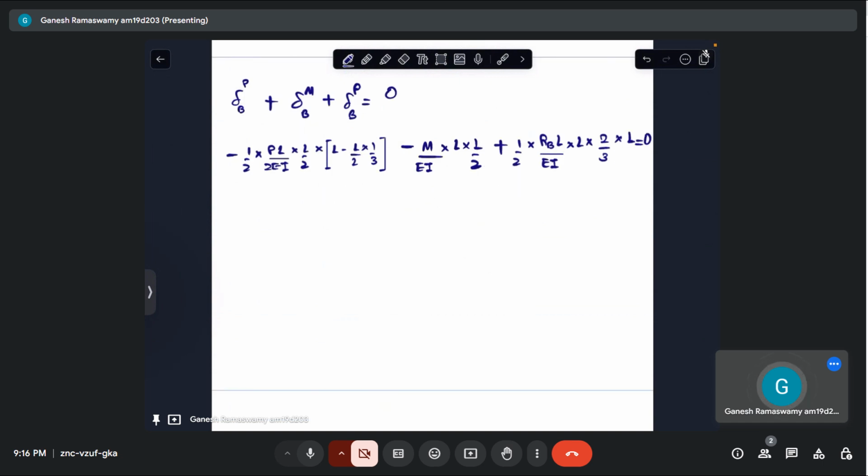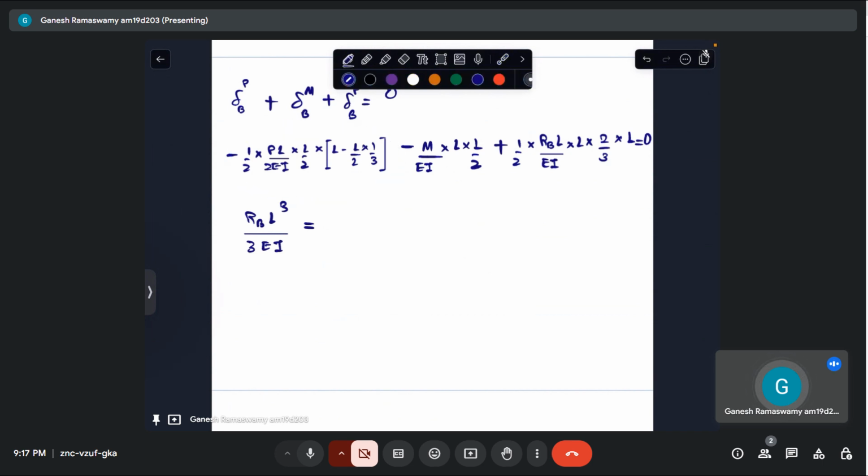So let us quickly solve this. So what will this come out to be? I can shift this to the right side. Let me consider this on the left side first. So what will that be? RBL cube by 3EI is equal to, if I take this quantity and move it to the right, I get rid of the minus.